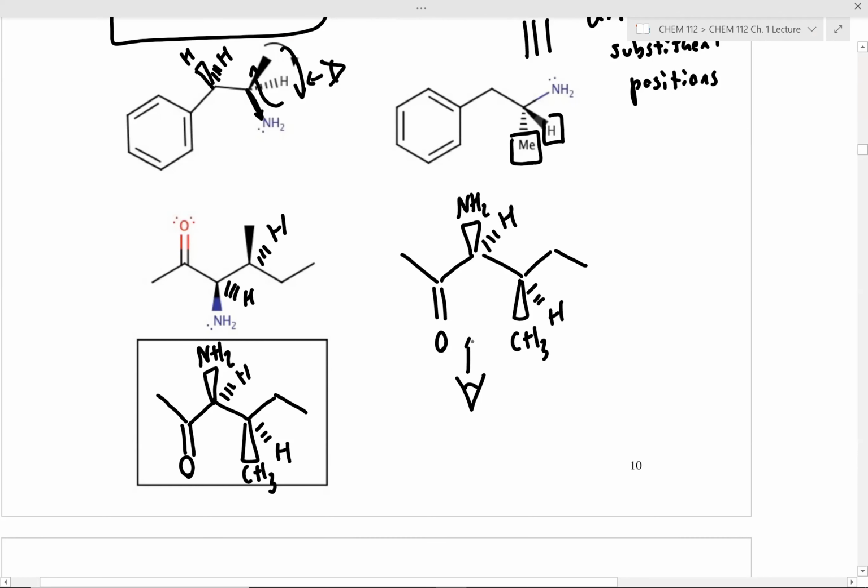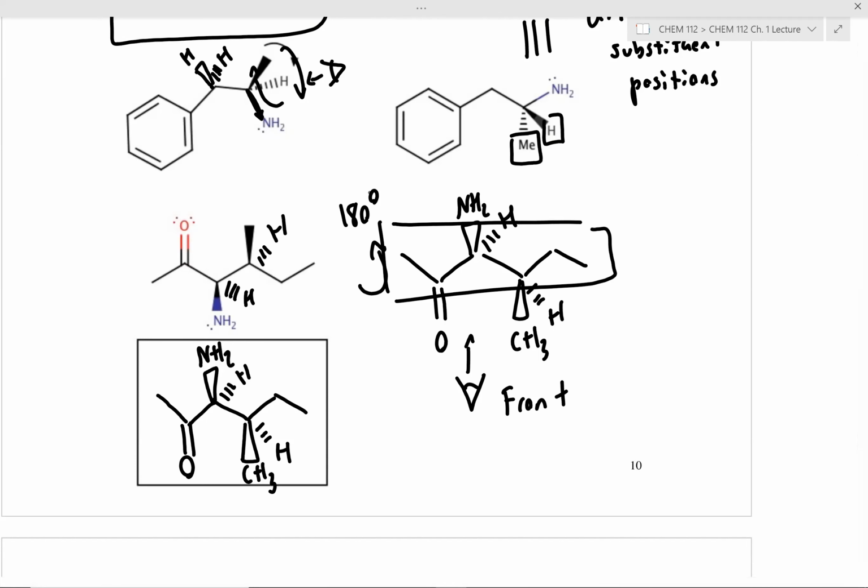Now, if we want to adjust the orientation of our molecule, if we pretend that we have a flat mirror plane, we're going to rotate all of our substituents 180 degrees. So we're essentially going to flip the entire molecule by 180 degrees.